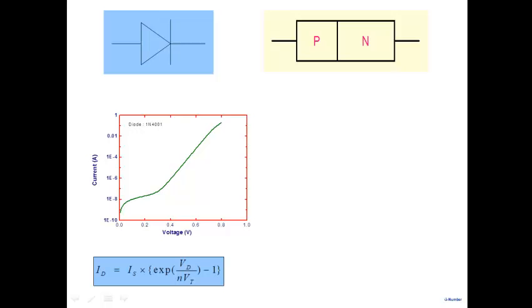So again, this will break down. What we would like to understand is why it deviates at high currents. What is the limit for this equation to be valid? How high can I go in terms of current and this equation still remains valid? And similarly, how low can I go? We would like to discuss all these questions.